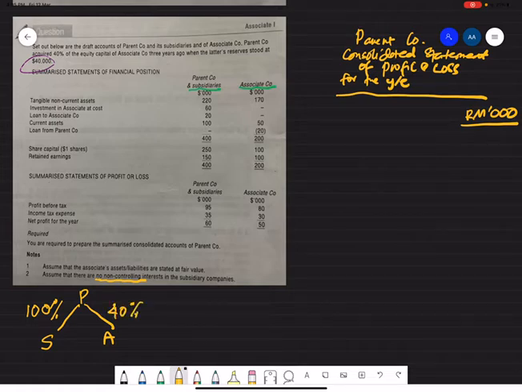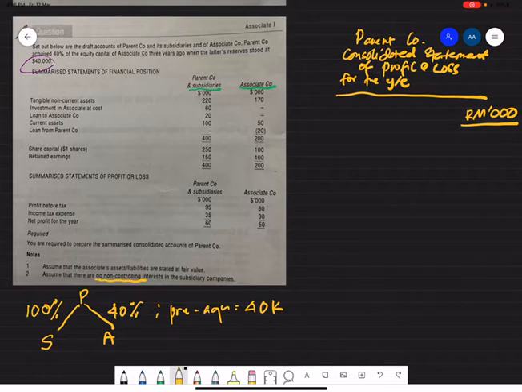During the acquisition, the pre-acquisition reserve stood at 40,000.